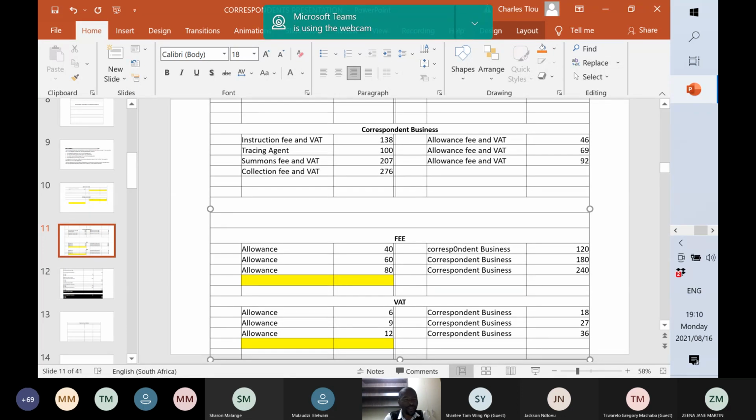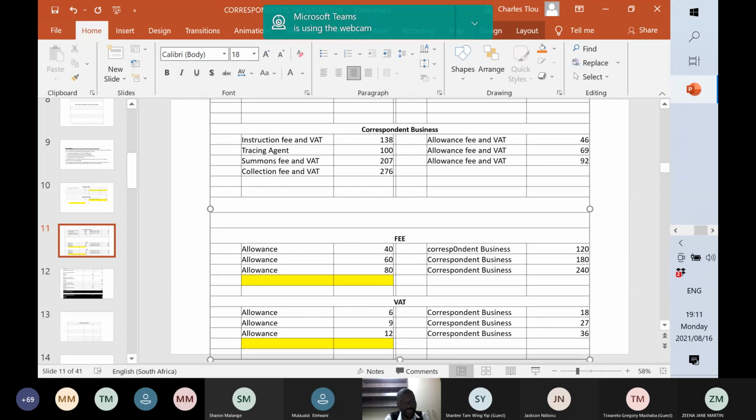Now, as you can see, we have basically recorded everything as per that statement because we have dealt with the last transaction with you on number 4 where you received 2,400 Rand. We calculate the collection fee of 240 Rand, calculate the VAT as well as the allowances.